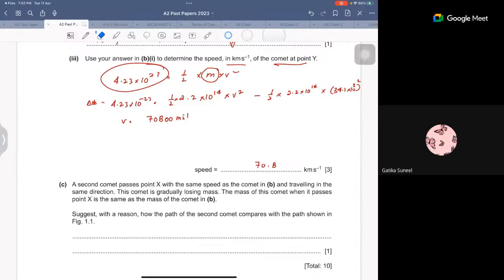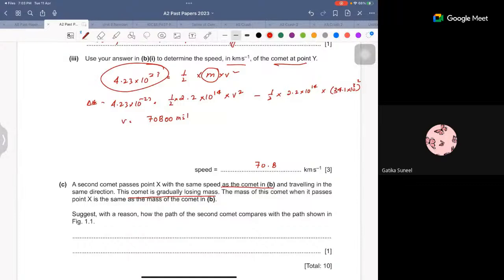Now, if you notice in the next one, it says the second comet passes point X with the same speed as comet B and traveling in the same direction. The comet is gradually losing mass. The mass of this comet when it passes point X is the same as the mass of comet B. So state the reason how the second comet compares with this.